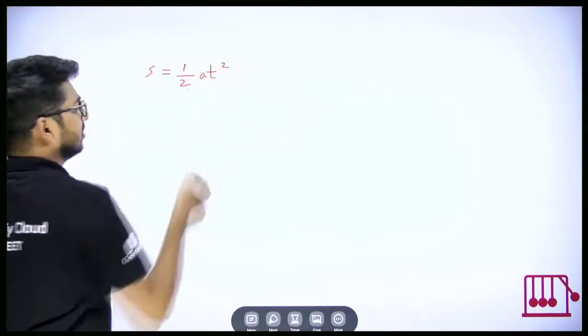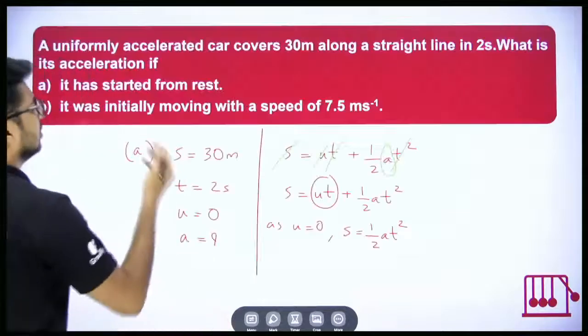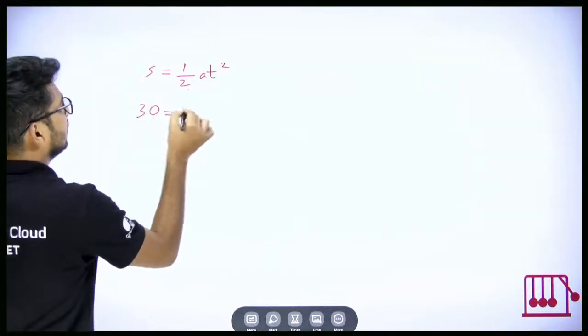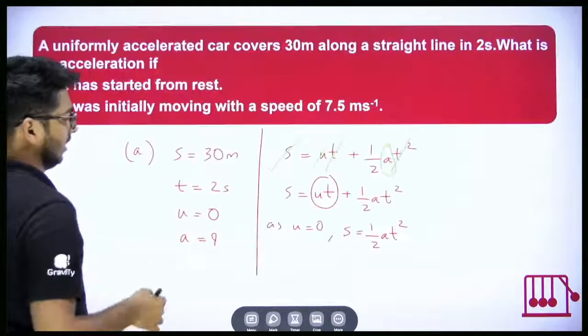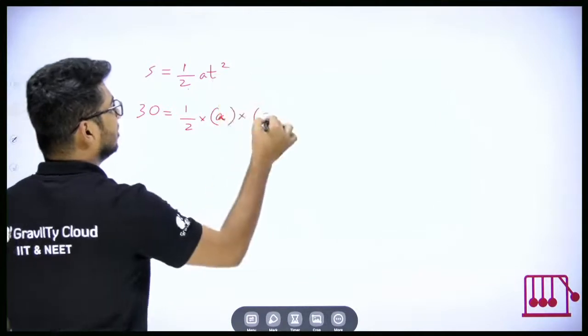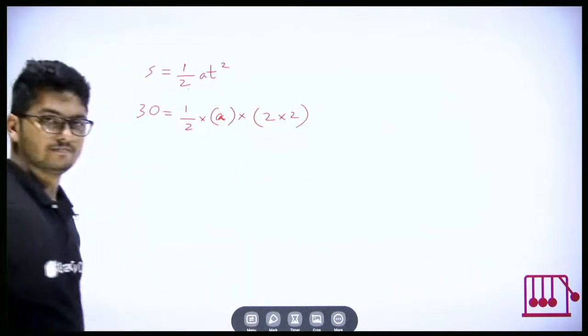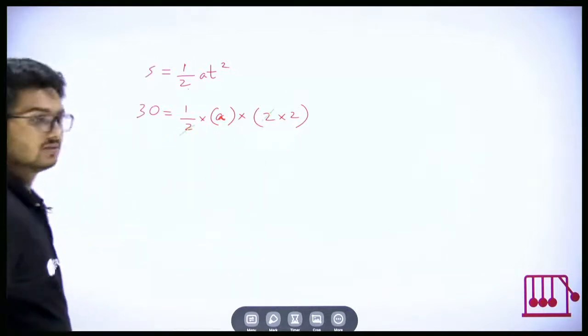So s is equal to half at square. We have to find out acceleration, but let us substitute. S is 30 is equal to half into acceleration, we don't know, and time is 2 seconds, but I told you it is t square, so 2 into 2. Then you can clearly see here 2 and 2 cancel.